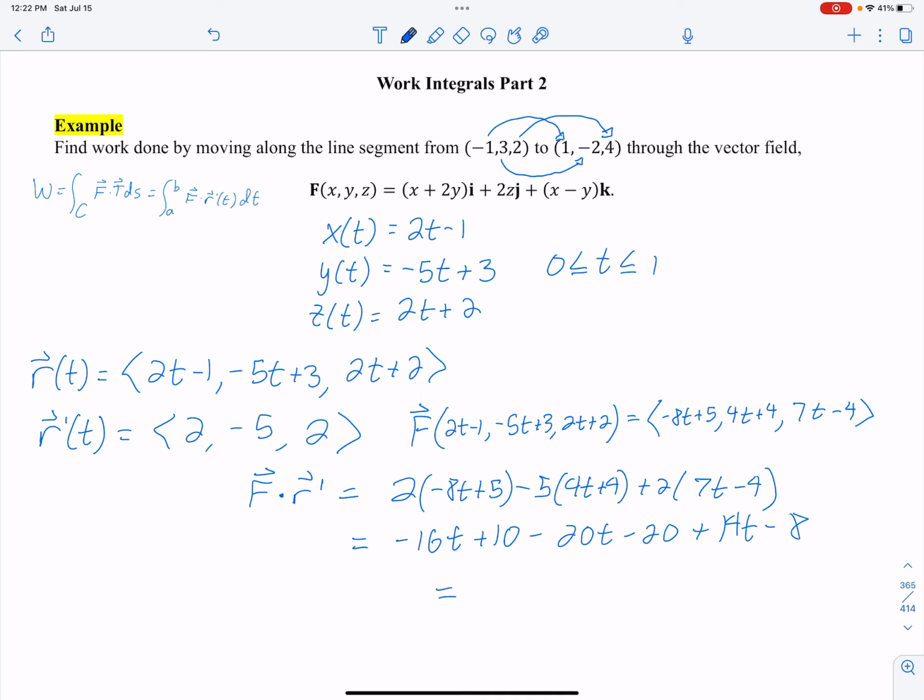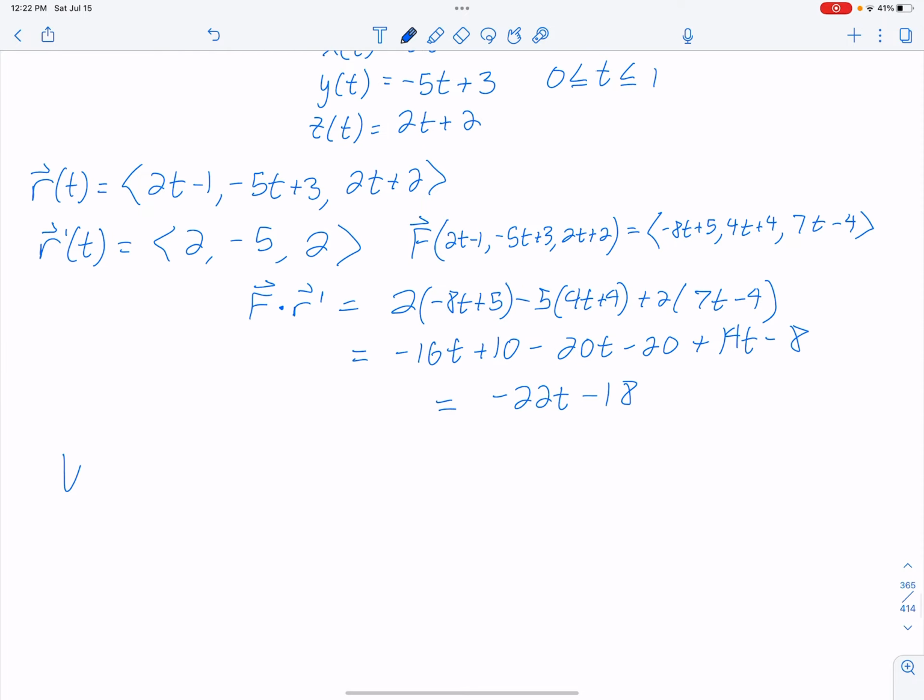All that's going to work out to be negative 22t minus 18. That is what goes in our integrand. We know t is from 0 to 1 from above. And then I have that dot product, dt. Nice and easy.